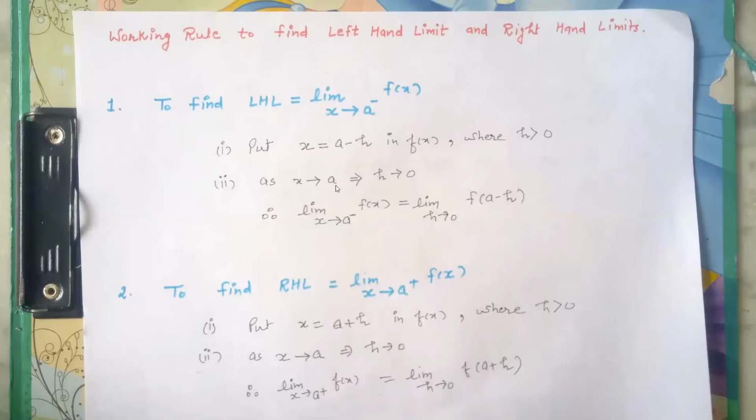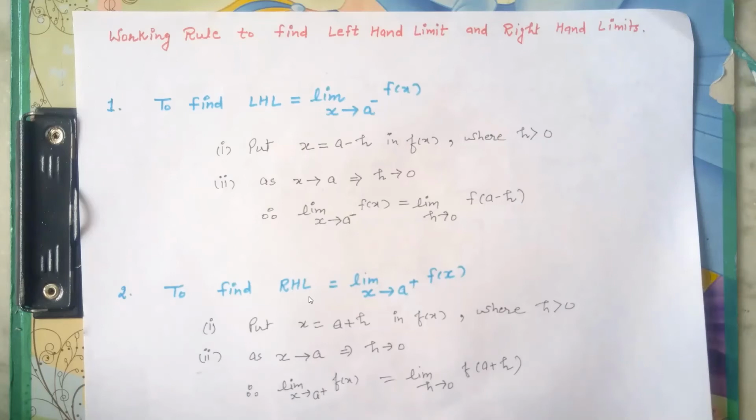So as x approaches a, h approaches 0. So in the next step, we write limit x approaches a minus of f of x is equal to limit h approaches 0 of f of a minus h. That is, we replace this x by a minus h.